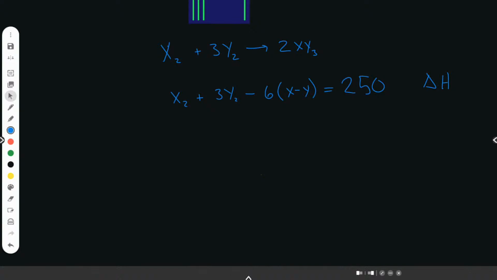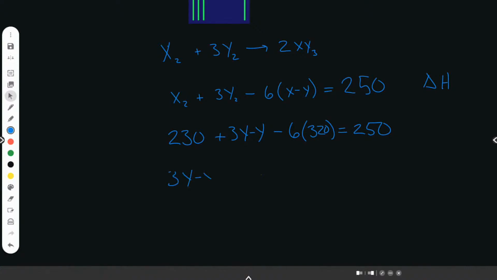So this number here was 230, plus 3 YYs, minus 6 times the XY bond, which was 320, and that had to equal 250 kilojoules per mole.